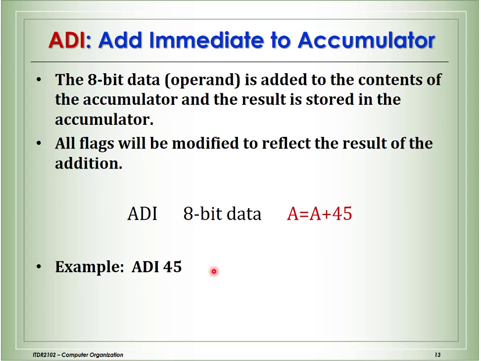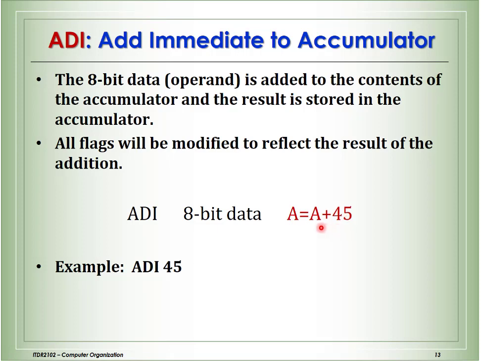Now ADI, that is again add immediate. So it adds two numbers. If you see the example, again the 8-bit data, the value, is directly added to the accumulator. A is the accumulator. So what does it mean? ADI 45 means A is equal to A plus 45.